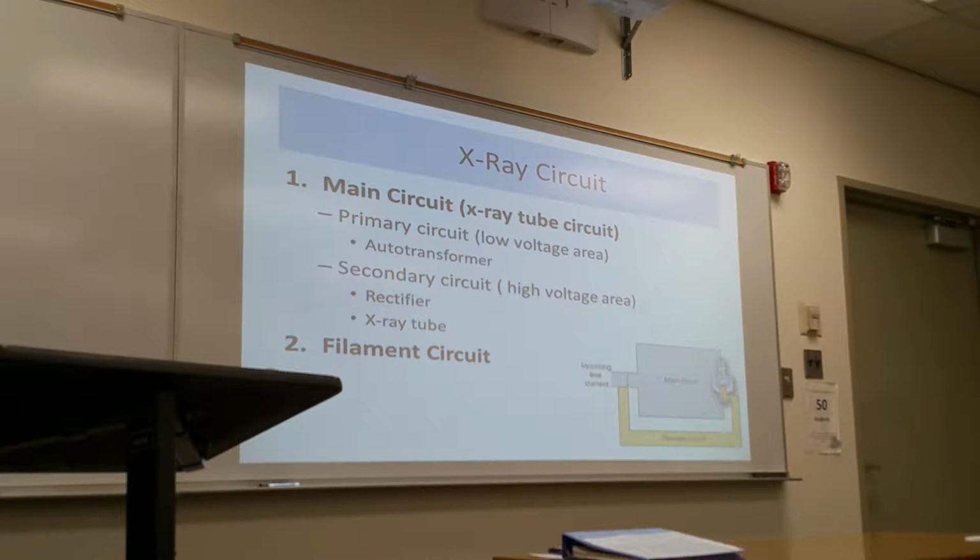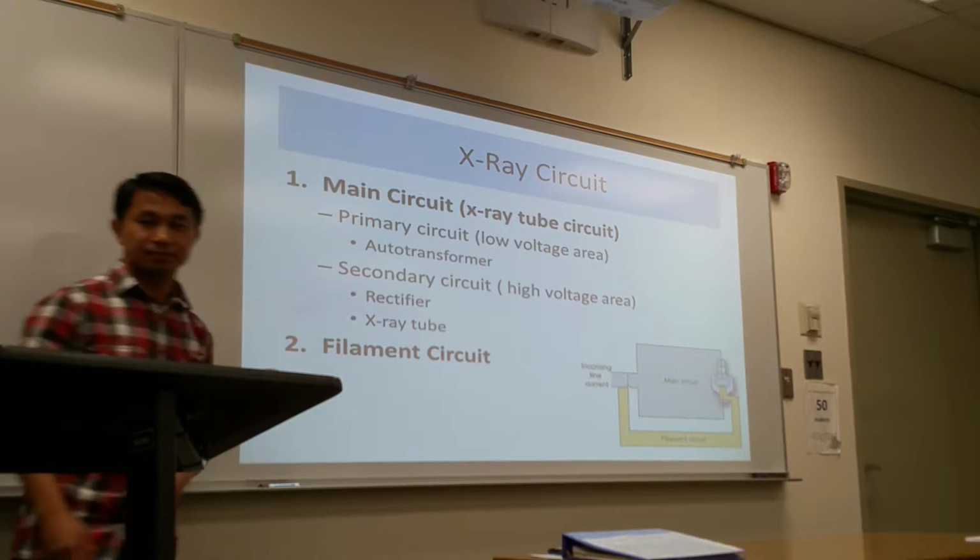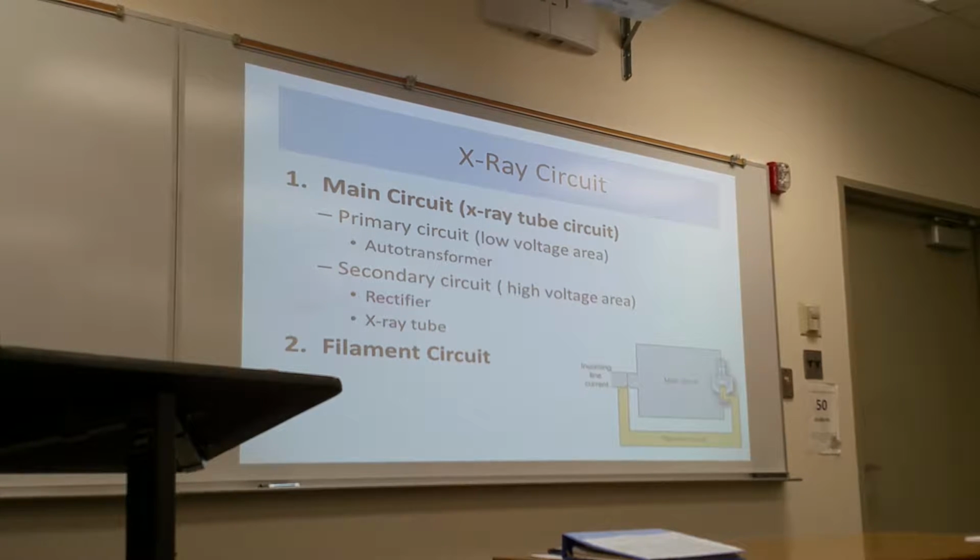Now the X-ray circuit has two main areas, or two major areas. One is called the main circuit, and the other called the filament circuit. The main circuit can also be called the X-ray tube circuit. The purpose of the main circuit is to supply power to the X-ray tube to produce X-ray energy.